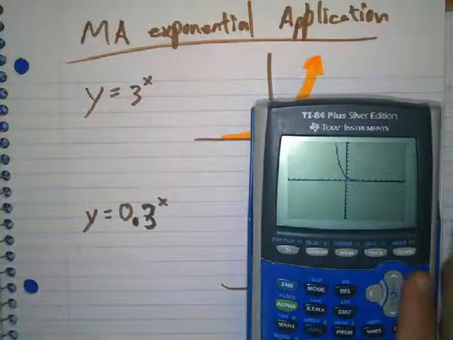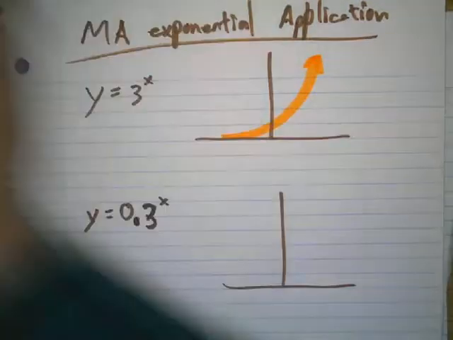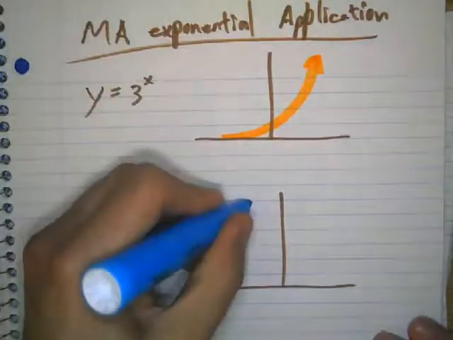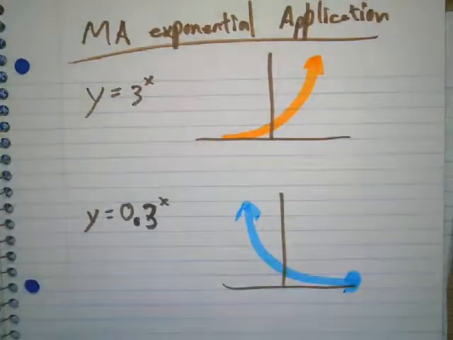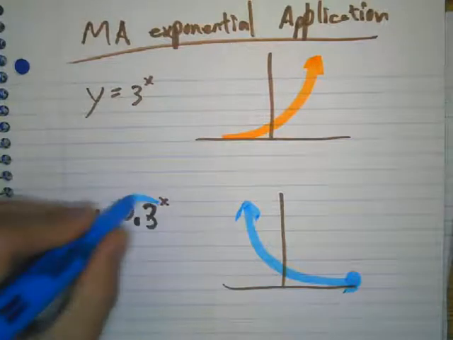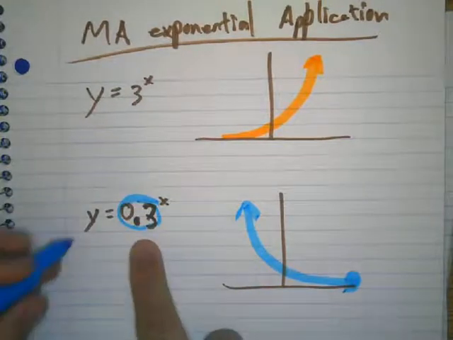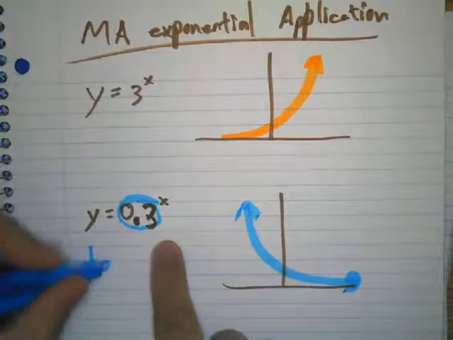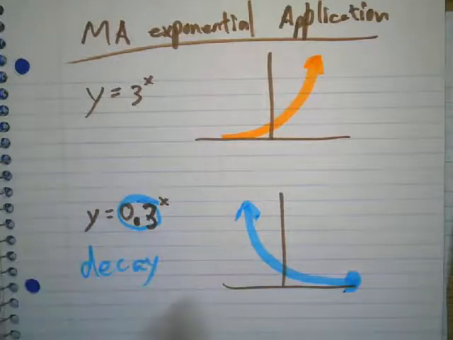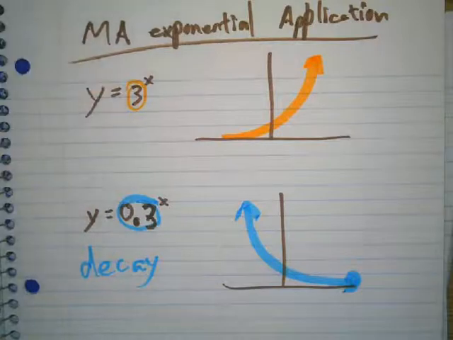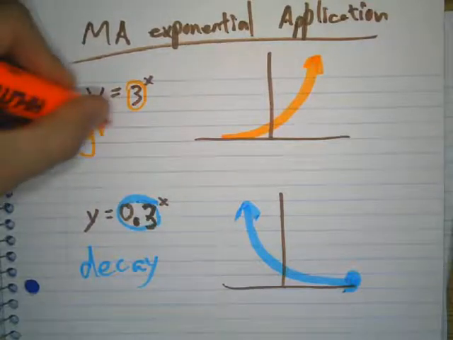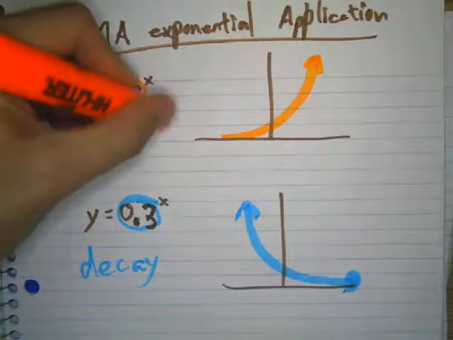And when the graph looks like that, whenever you have the value here less than 1, we end up with decay. And whenever this value here is greater than 1, we have growth. And we're going to do some examples showing this right now.